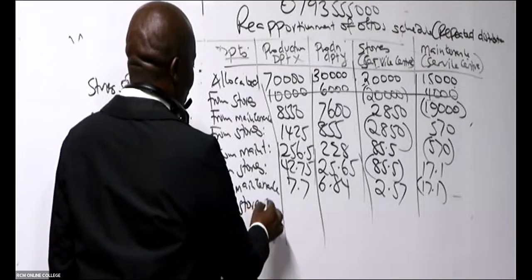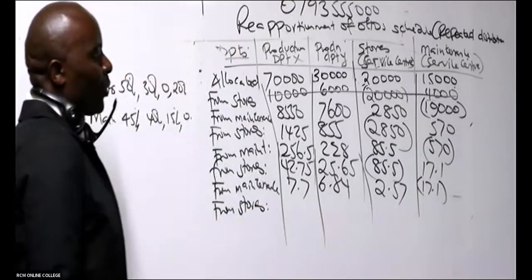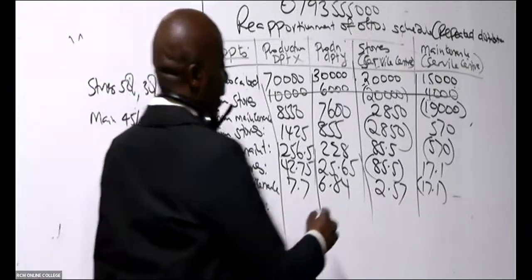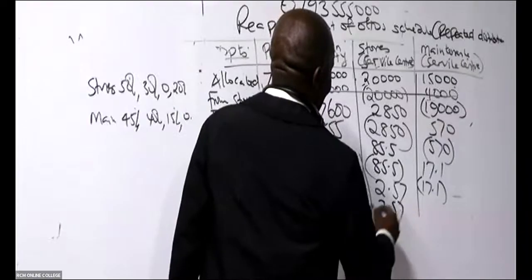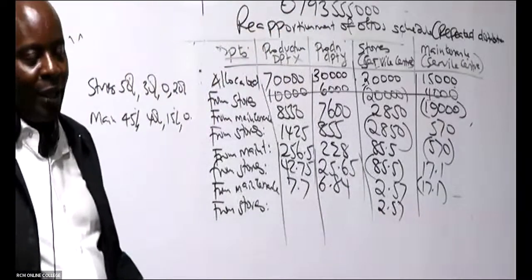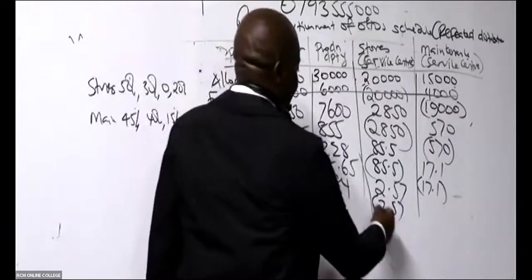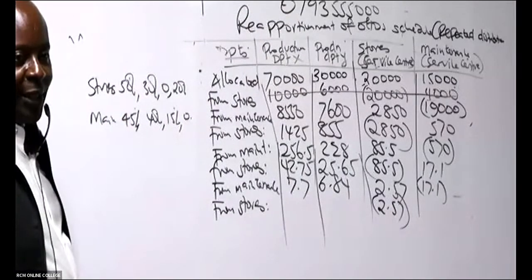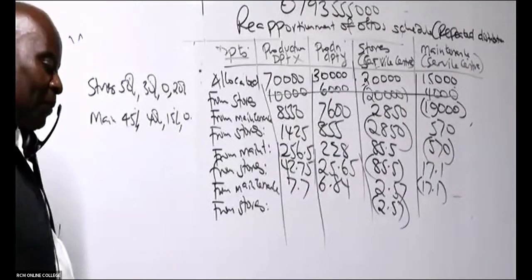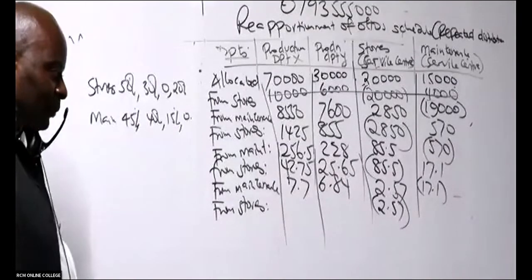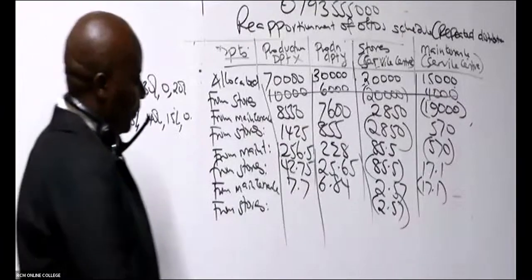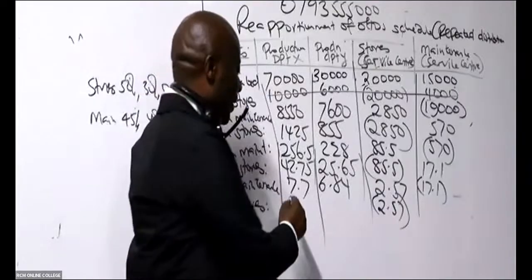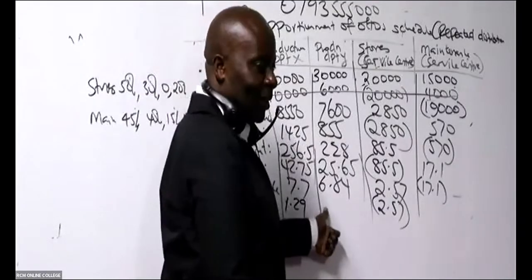I say from stores. So from stores, what do we have here? 2.57. From stores, are you able to see our percentages? 50%, 1.29.